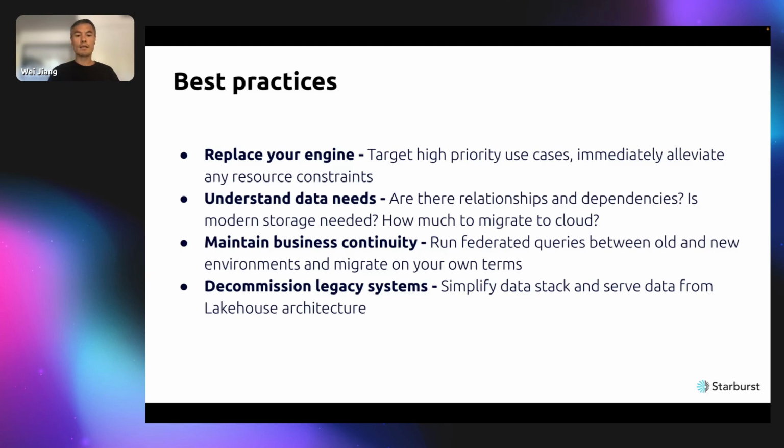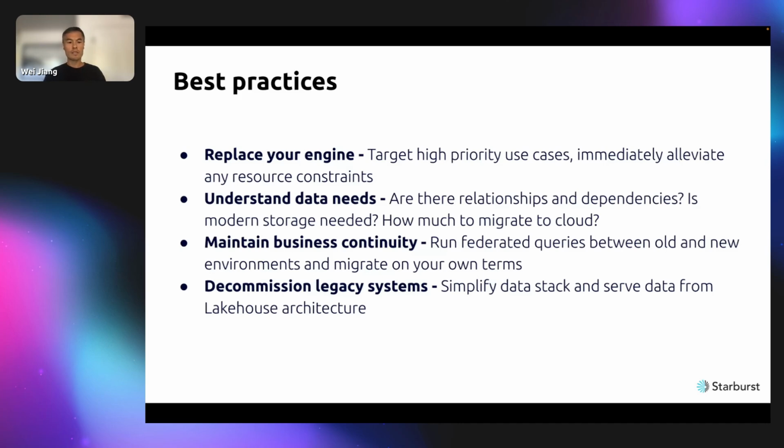This immediately alleviates any resource constraints that you're having, and you're only moving your workloads in chunks. You don't have to migrate everything at the same time. You can still get the great benefits of the Starburst engine without replacing your current environment.